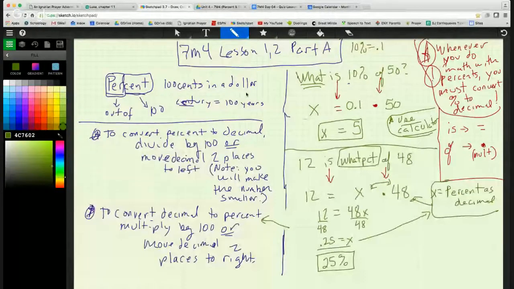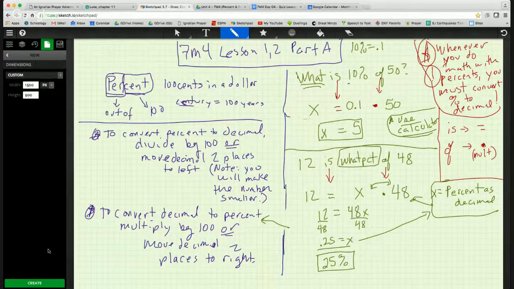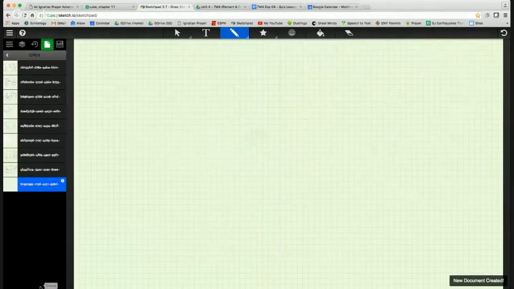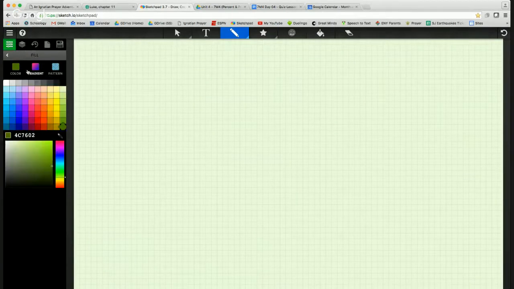So let's switch over to our scratch pad and get going. So here's where we left our last lesson. Let's make a new pad here, and we'll see where we go. We are going to make, what color? Let's use blue.